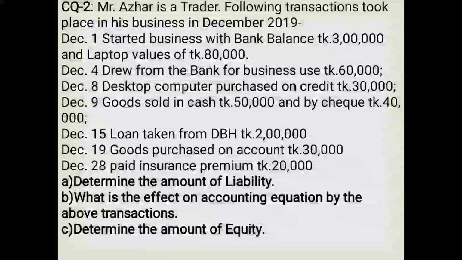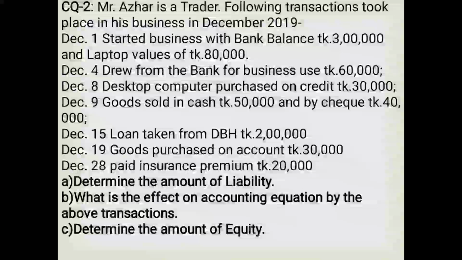You know, equity is equal to capital plus revenue minus expenses minus drawings. So the equity related transactions are December 1, December 4, December 9 with plus figures, overall total amount 90,000.